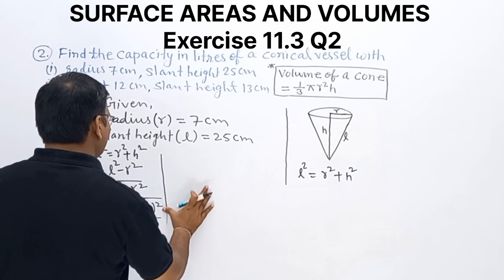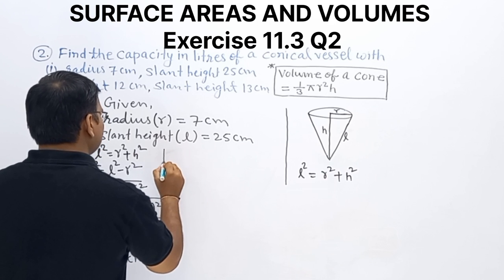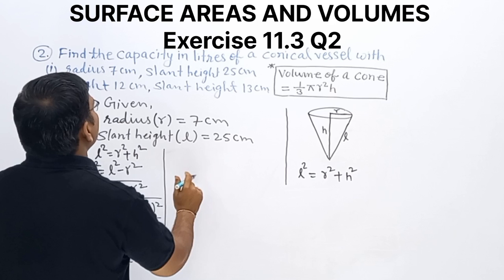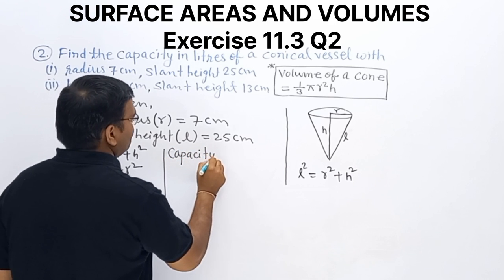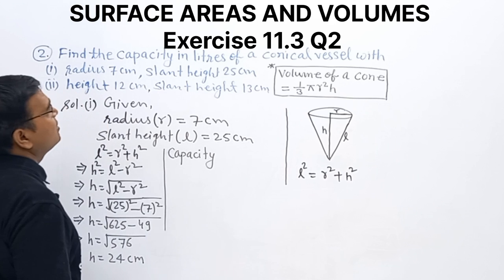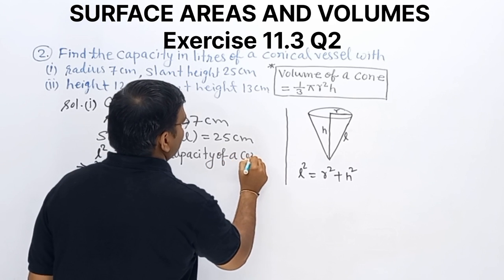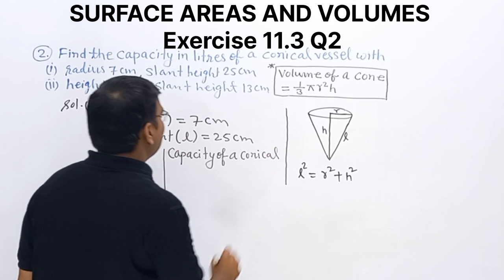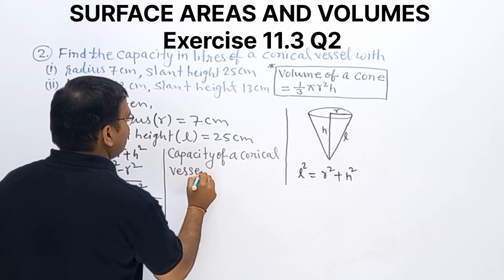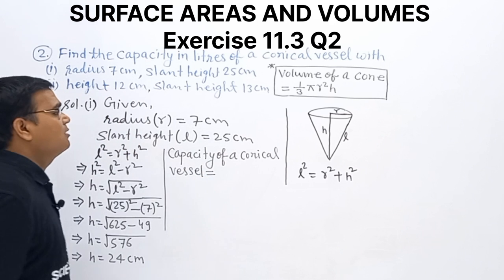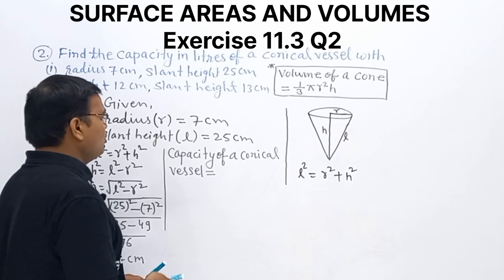So now we want the capacity of a conical vessel, and this is the volume of a cone.